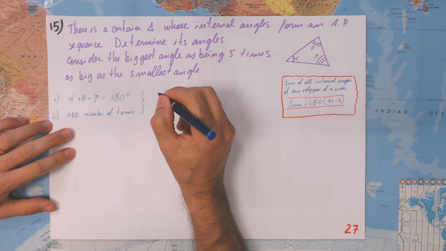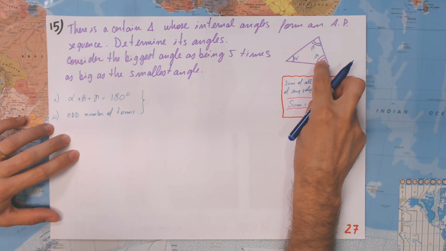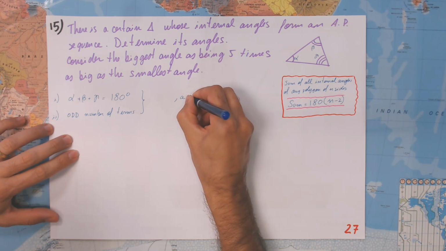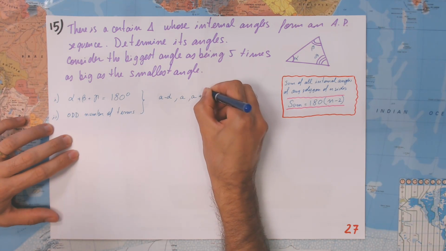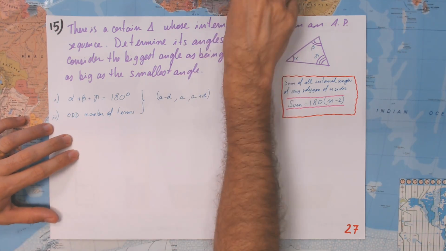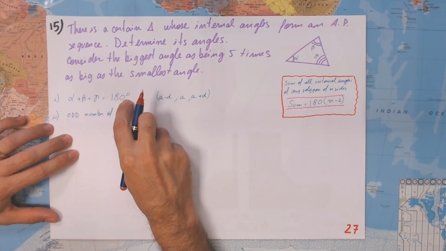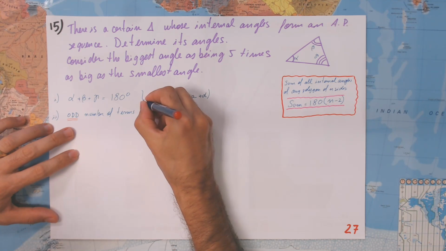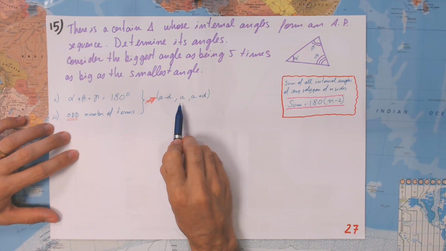Having those in mind, we want to write the angles like this, like A minus D, A, and A plus D. Because we have the summation of all the terms, and because we have an odd number of terms, we are inclined to write the sequence like that.